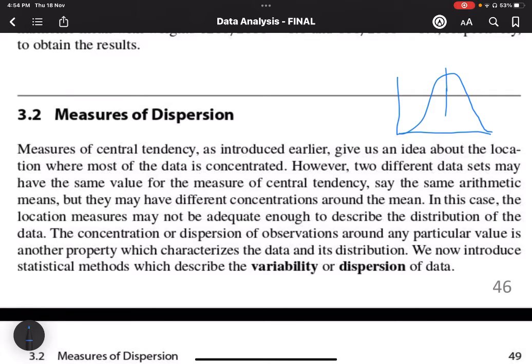So, in a normal distribution, we have the center, no? Nasa center yung ating mean. Okay? So, pag sinabi mong central tendency, yung location ang binibigay niya. Narito siya sa gitna. Pag minsan naman, kung ang ating distribution ay medyo skewed, no?